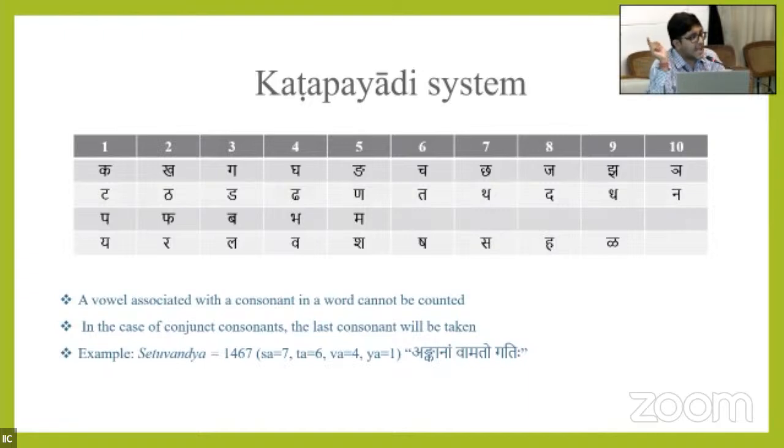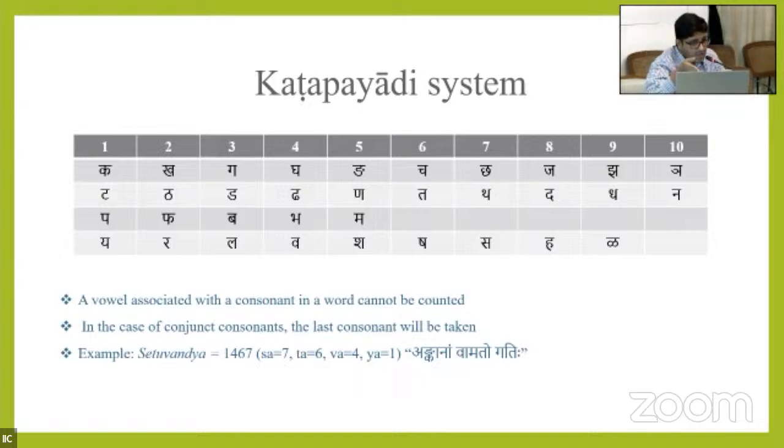So each and every letter here represents one particular numeral, or number. And from the name Katapayadi, it's like Ka, Ta, Pa, Ya. So you can see Ka, Ta, Pa and Ya stand for one. So the letter Ka means one.